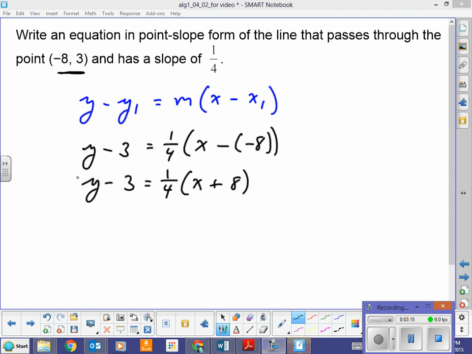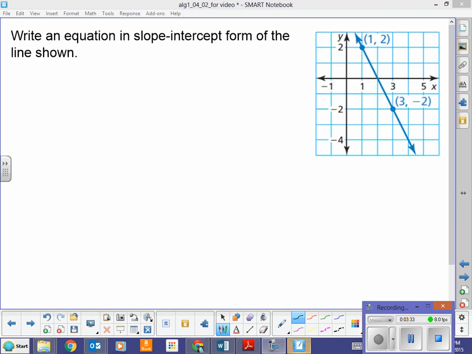There you go. And that is our equation in point-slope form. One nice thing about this is we can easily go from here into slope-intercept form. And that's the next question here.